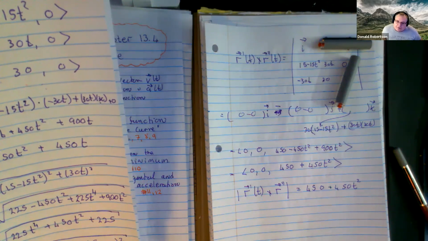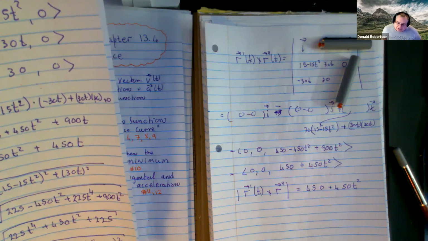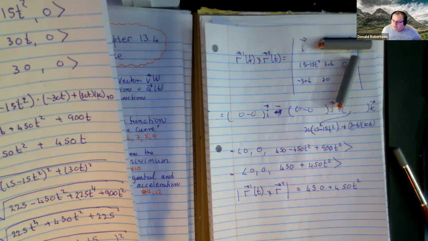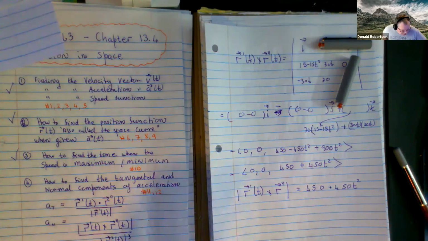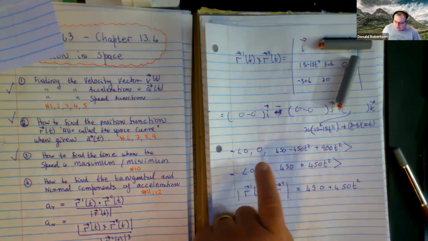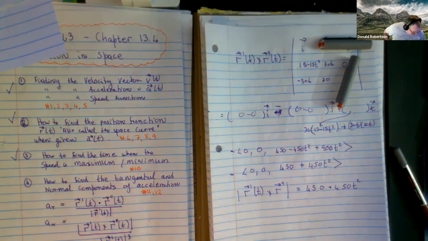Why do I know that the magnitude of a vector 0, 0, something is just that something? Isn't that just the distance on the z-axis? That's the reason. If you don't like that shortcut, square root that squared, and that's what you will get.